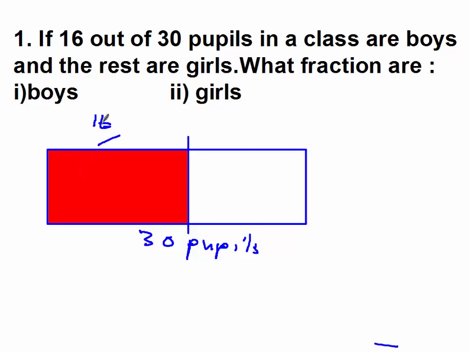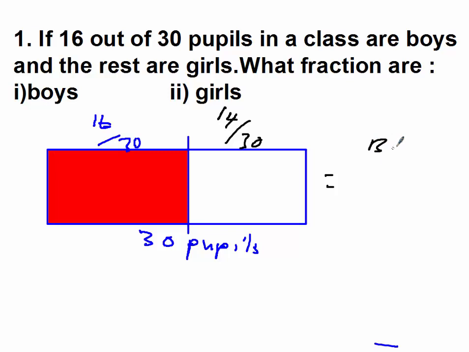out of 30, while the unshaded one, the white one, will represent the number of girls, which is 14 out of 30, right? Now with 30, if you take away the 16, you are left with 14, right? So these are the fractions, but we can still reduce them.